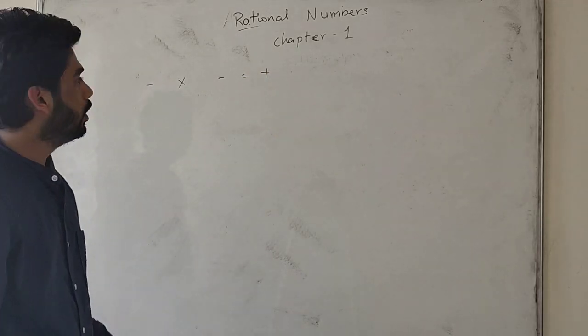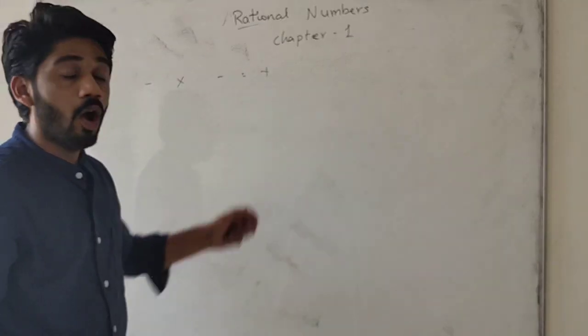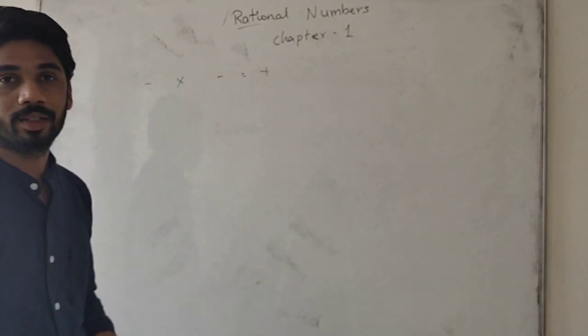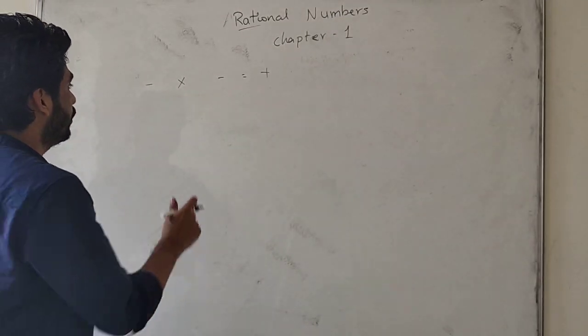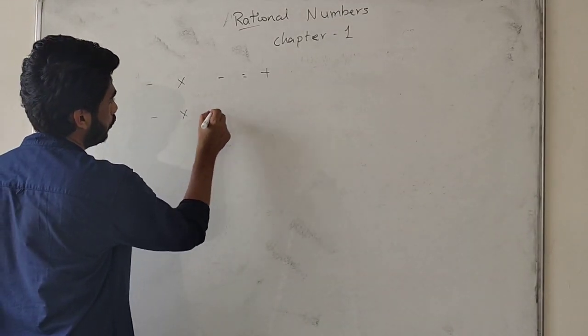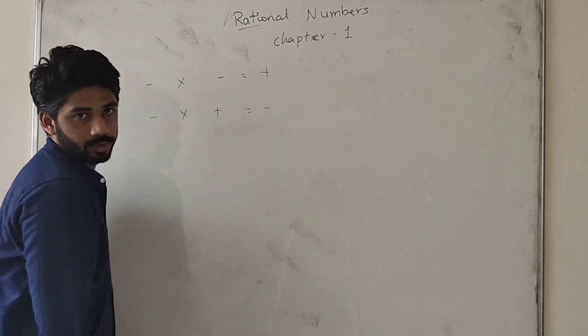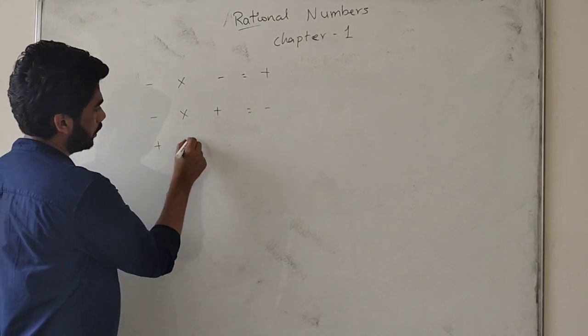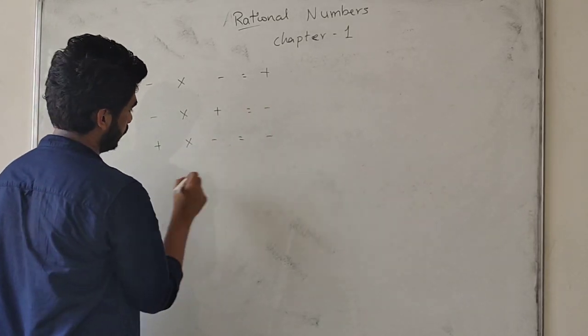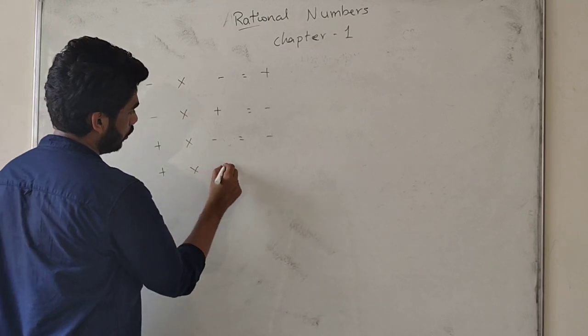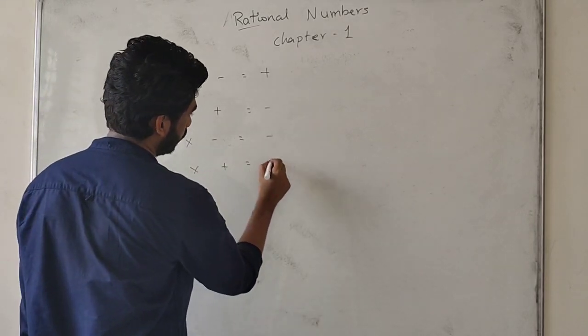Teacher used to say minus into minus is plus. How is it plus? We have to know it. Second, minus into plus gives minus. Third, plus into minus gives minus. Plus into plus gives plus.